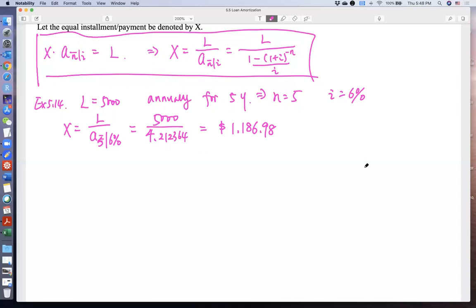But of course, what we may want to know more is what would be the balance after a specific number of years, and what would be the interest I paid in a specific year.